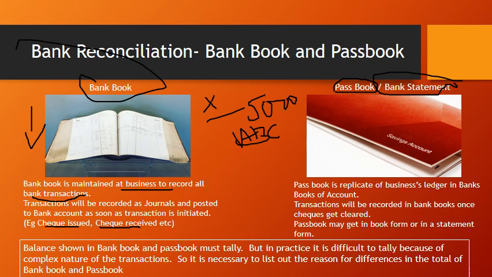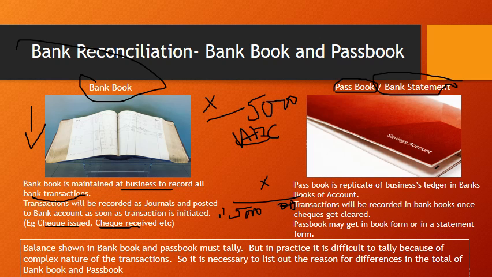In the same way, the bank, say ICICI Bank or SBI Bank, will have an X account in ICICI or SBI. In X's account there will be some opening balance, which they have to pay to him, but out of that they are paying 5,000 to ABC, so they record paid 5,000.